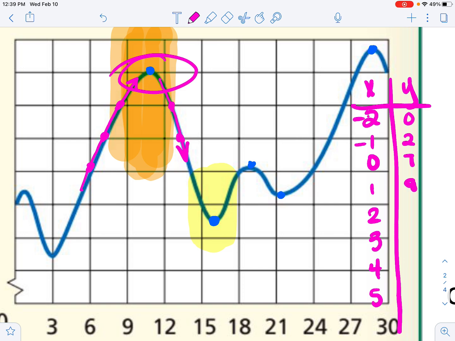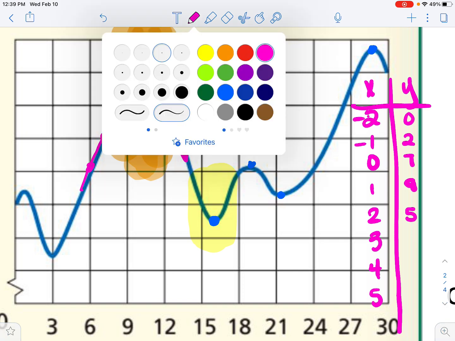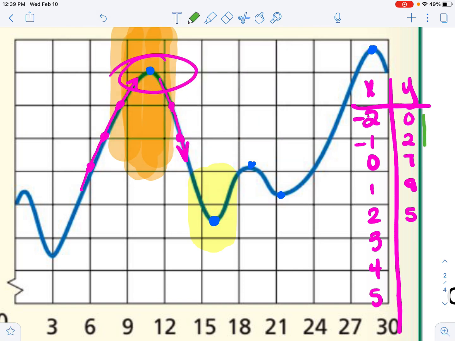And then here, it went from 9 down to 5. We should be able to see and recognize that this is going up, up, up, up, and suddenly it went down. And so there is a relative maximum between 1 and 2.